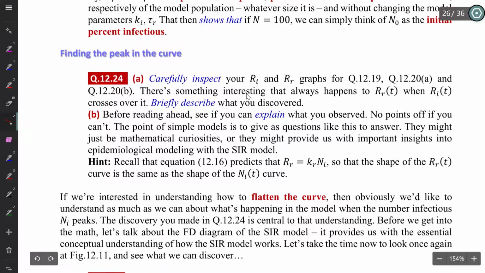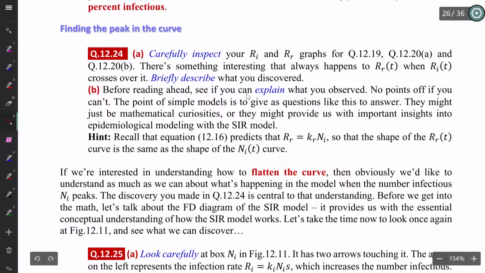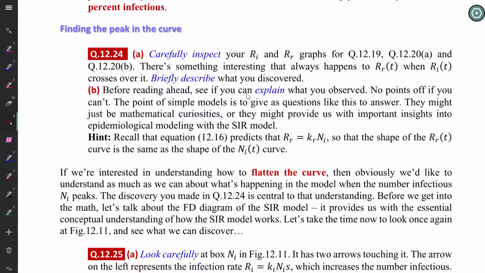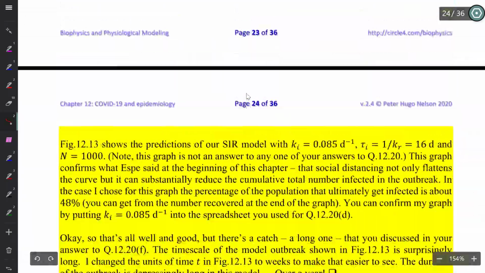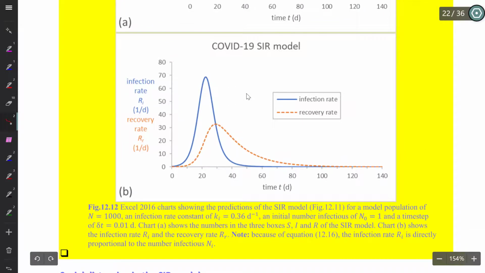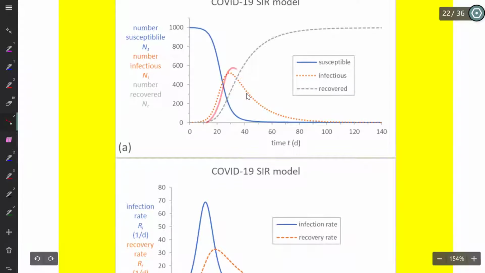And then this next part is really important, so I wanted to focus on it: finding the peak in the curve. One of the things we talked about is if you carefully look at the graphs of RI and RR, the infection rate and the recovery rate, in all of the graphs where there was actually a peak, let me go here, there was a peak here in this orange curve. Now this orange curve and this orange curve are the same shape.